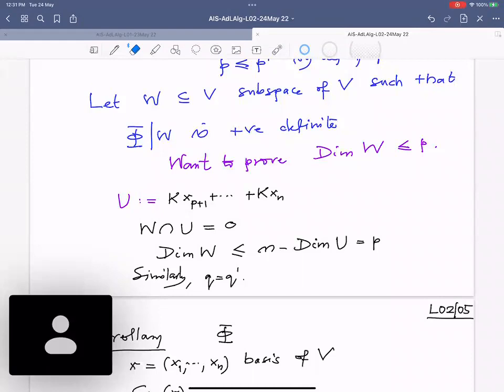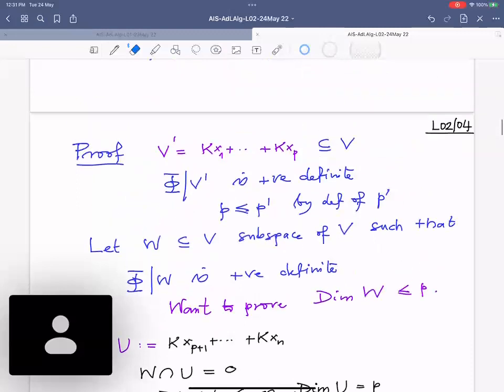Yes, sir. Now look at U. U is generated by xp plus 1 onward to xn. Now, do you agree W intersection U is empty, 0? That we don't know, because here we have not assumed that U is a complementary subspace.